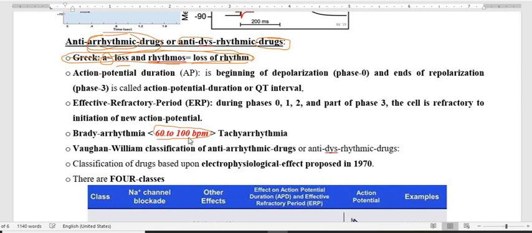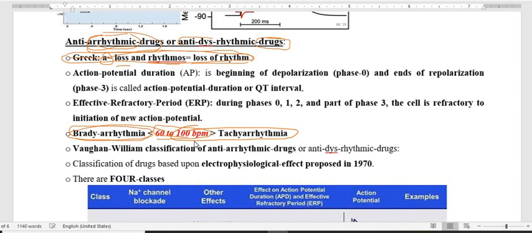So when the heartbeat is outside the 60 to 100 beats per minute range, it produces an arrhythmia. When the heart rate is less than 60 beats per minute, this is called bradyarrhythmia. And if it is more than 100 beats per minute, it is called tachyarrhythmia.